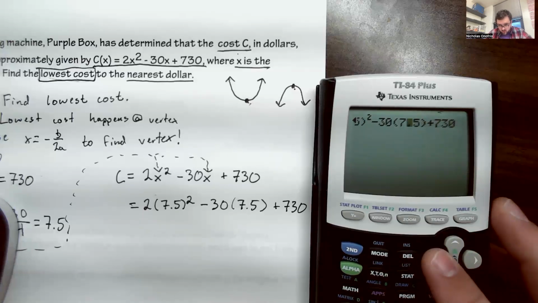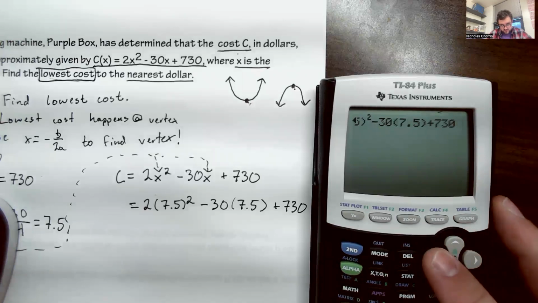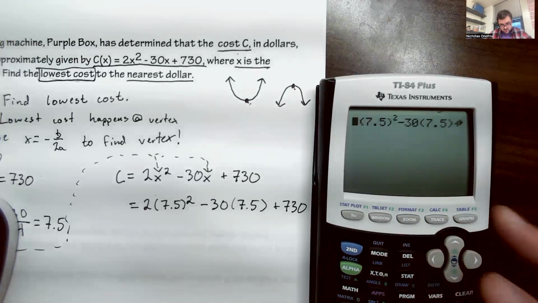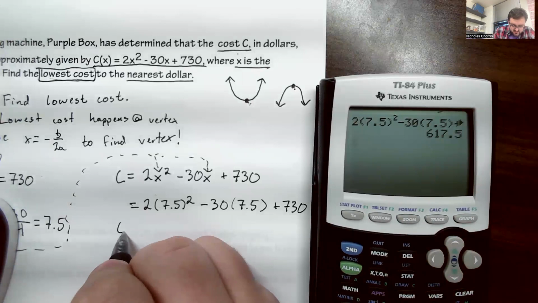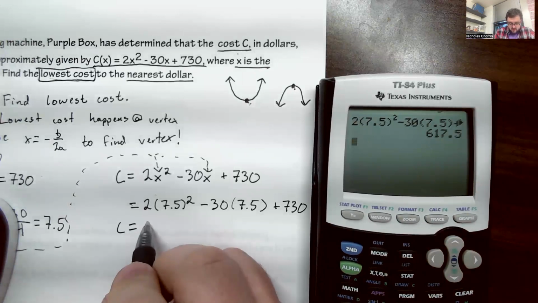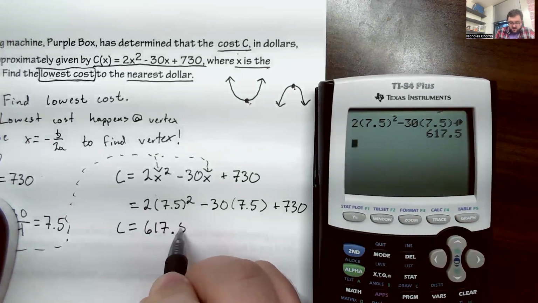You can type that all into your calculator at once. Don't need to do any middle steps. We'll just let the calculator crunch the math. Hit equal. And it's going to give you cost equals 617.5.